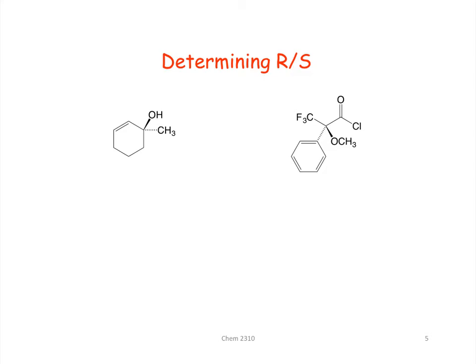So let's do our ranking. Okay, so in this case, three of the groups are just carbons, and one of them is an oxygen. So the one with the oxygen has a higher atomic number, so it's coming first. Alright, so I'm going to show you another way to bookkeep these rankings.